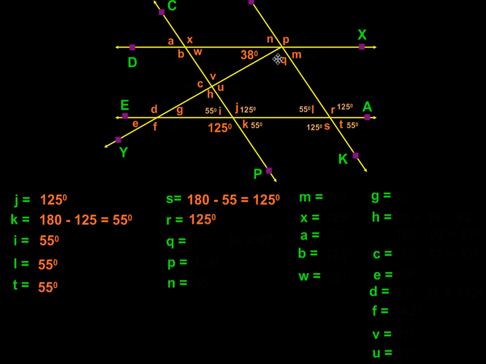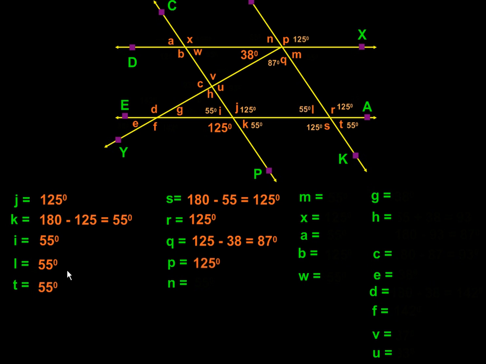Q is a corresponding angle to S at 125, but there's a piece broken off at 38 degrees, so 38 plus Q is going to equal 125. And so if we take the 38 away from 125, we get 87 degrees for Q. P is a vertical angle to 38 and 87, which makes it 125.